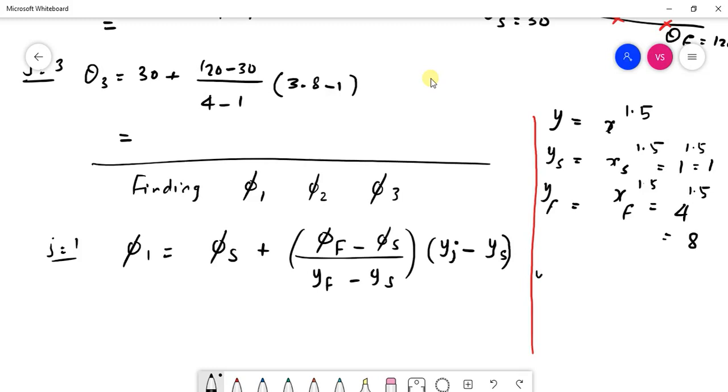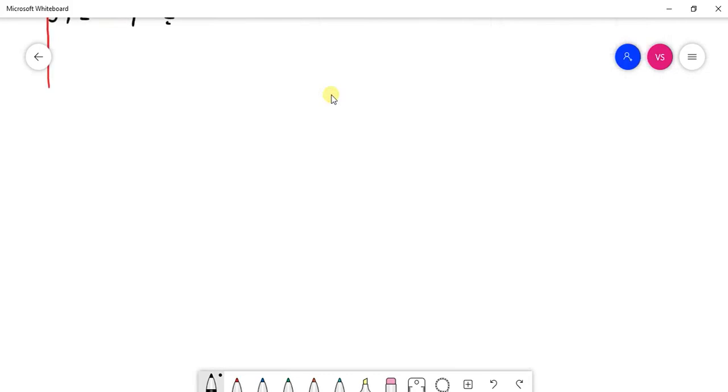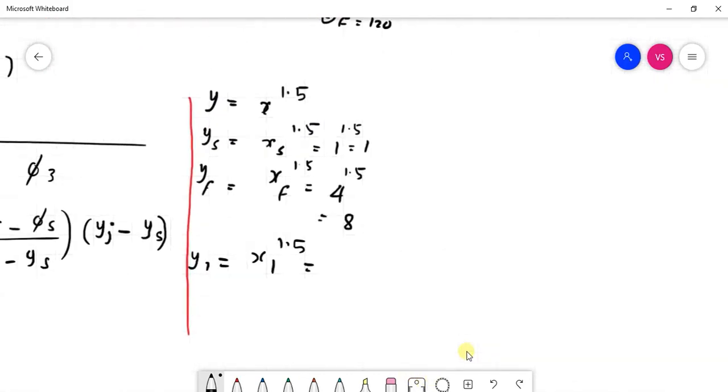Okay, then what is y1? y1 will be x1 power 1.5. x1 was given to us as 1.2. So this will be 1.2 power 1.5. We'll get a number. y2 will be x2 power 1.5, that is 2.5 power 1.5.